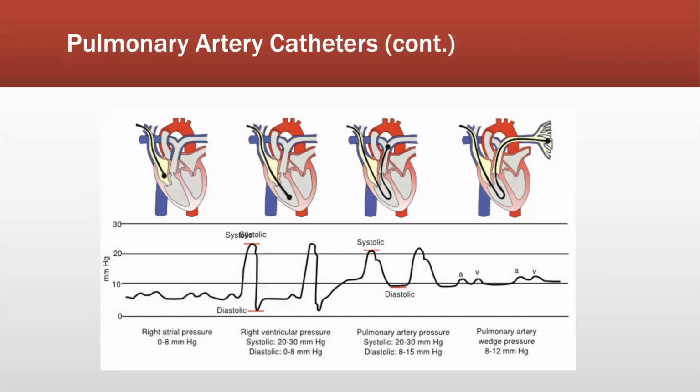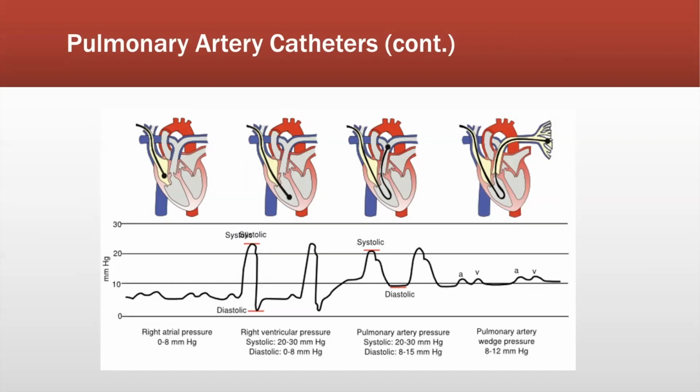Depending on where this pulmonary artery catheter is, this will dictate the waveform. When a physician is floating a Swan-Ganz line, you will have the monitor on a specific setting so you can really see the PA waveform.